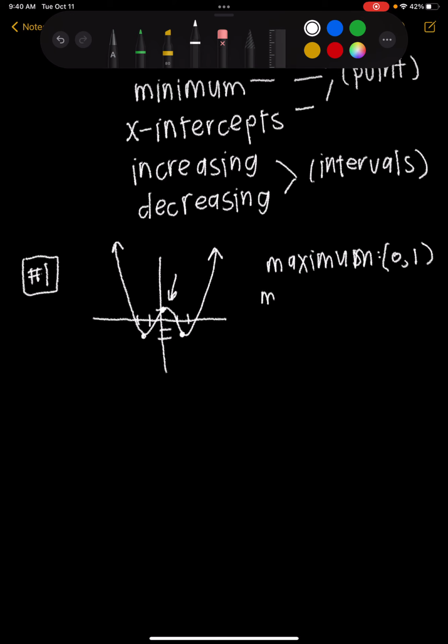Now let's go for the minimum. In this case, you have two minimums. One is right here, and then one is right here. Now, these don't land on a coordinate point necessarily, so we just have to approximate, and I want you to try and approximate to the closest tenth. So based on your graph, because my graph, obviously I hand drew, I think the left minimum would be at negative 1.2 comma negative 1.1.